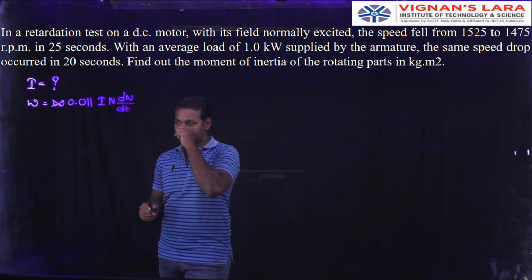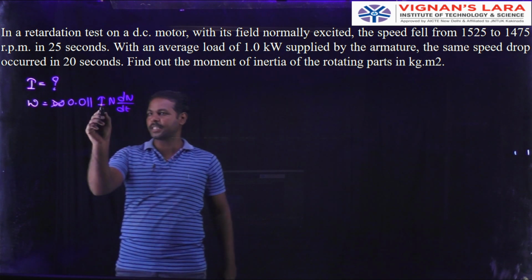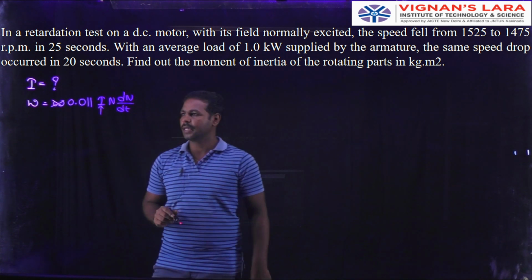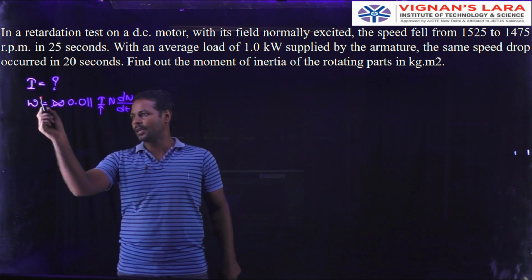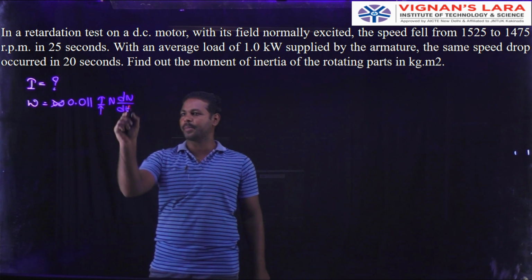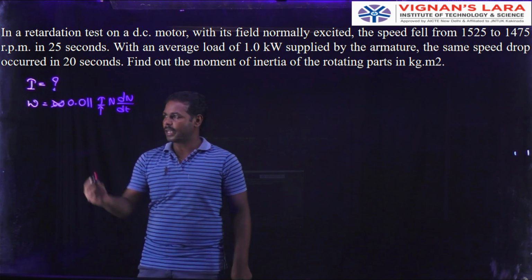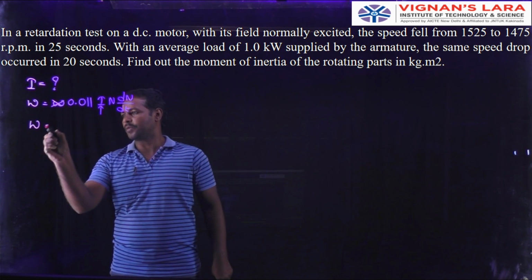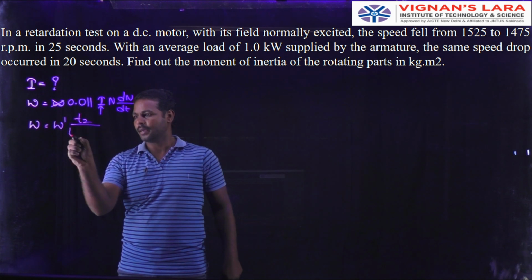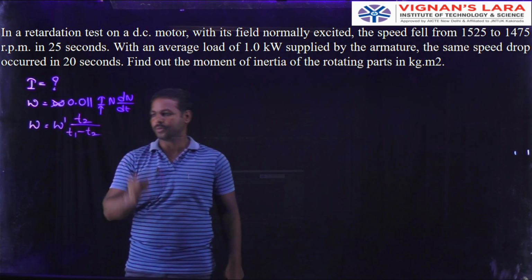This is the general expression, in which the I value is to be calculated. Another expression is W is equal to W dash into T2 divided by T1 minus T2.